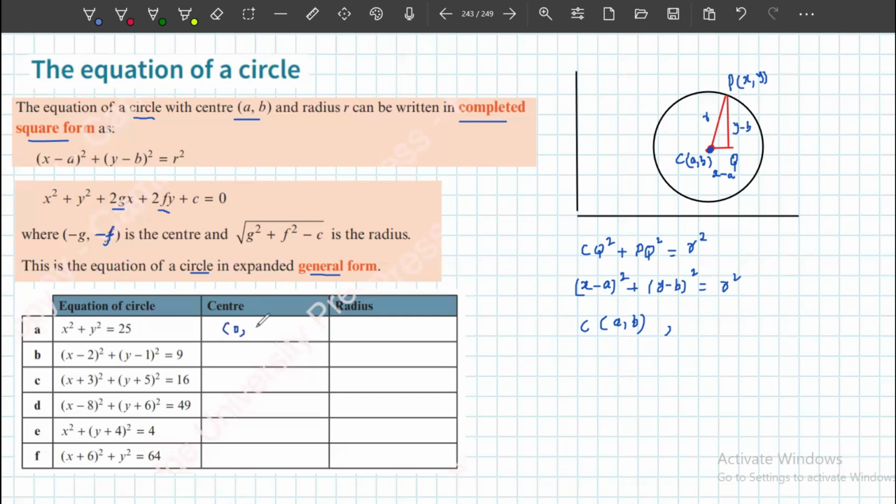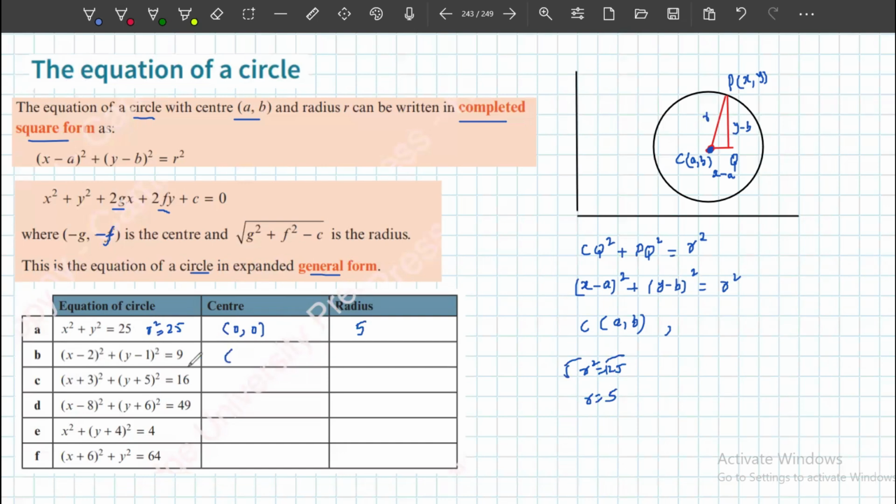And the radius: r squared equals 25. So take the square root on both sides, that means your radius is 5.